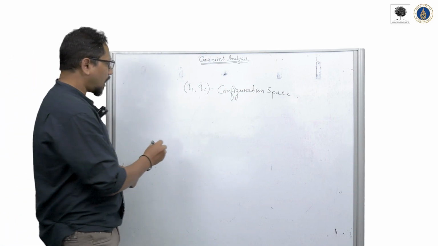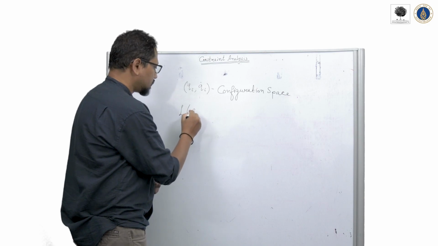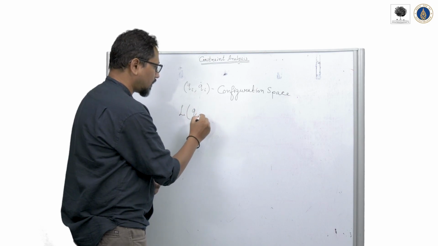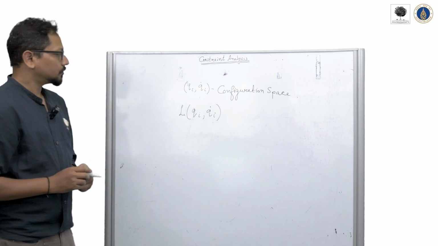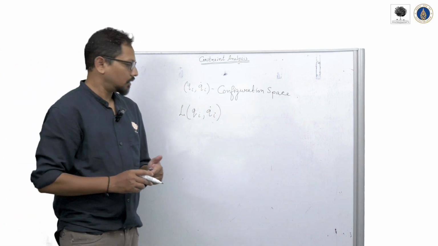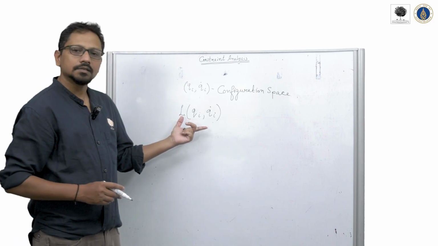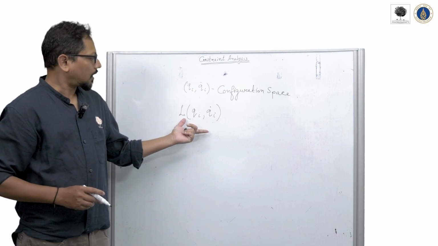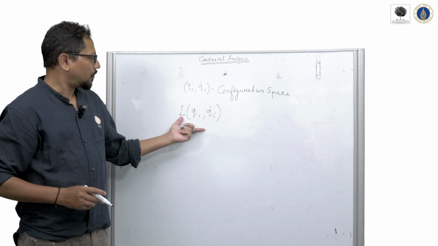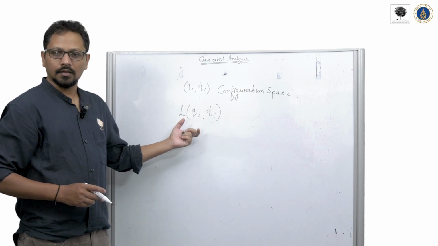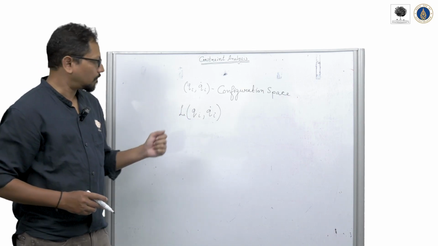One can define a Lagrangian, which is a function of Qi and Qi dot. I'm interested in showing whether the given system has any constraint, and if so, what is the condition in general for a Lagrangian to have constraints.